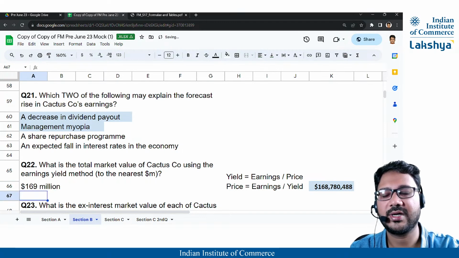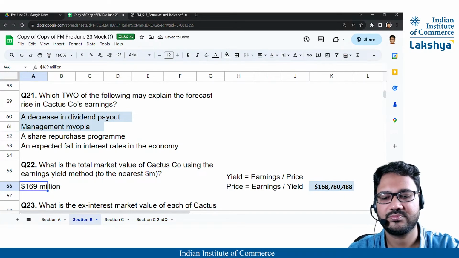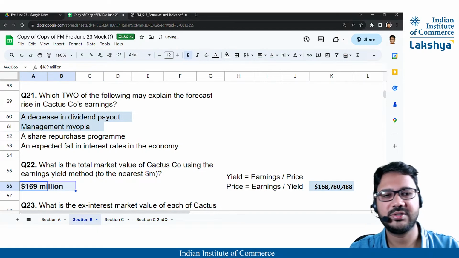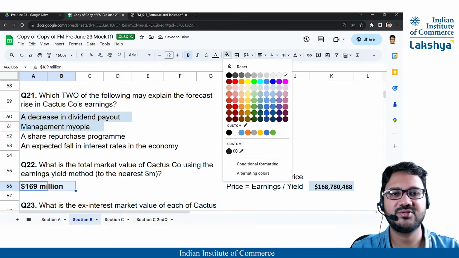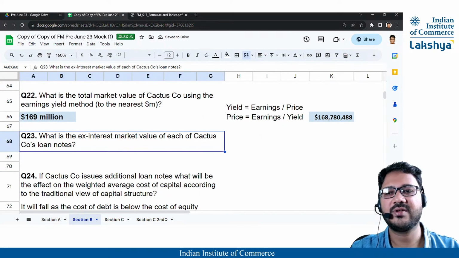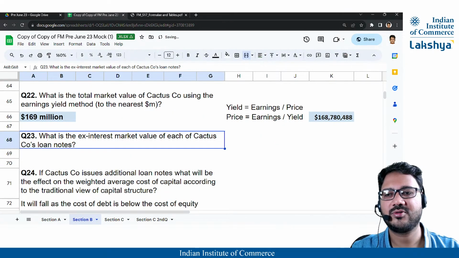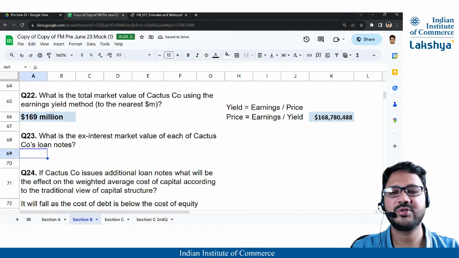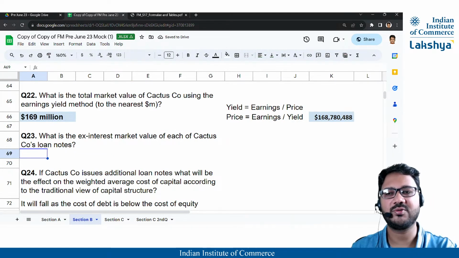We are rounding it up because it is 168.7, so we will make it 169. Anything below 5 we'll round down, anything above 5 we'll round up.